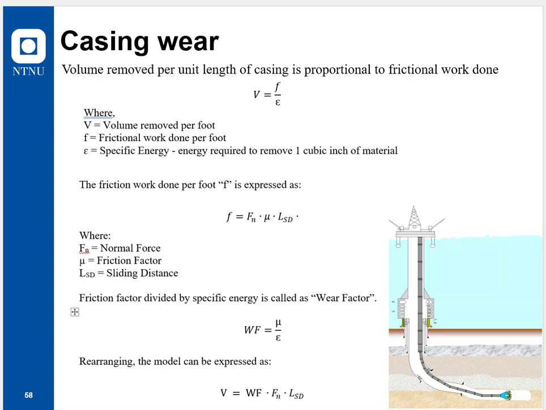And what we very often see when we back calculate after logging wear physically after the job is between 2 and 3. Yeah, that's like calling it a rule of thumb, but never use that as an absolute, of course. And the volume removed would be the wear factor times the normal force times the sliding distance.